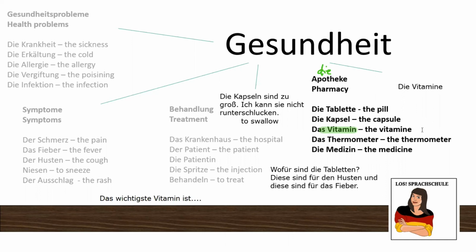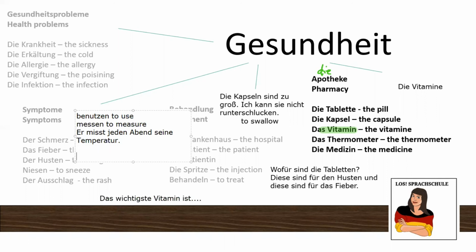I can give you a vocabulary here to use the thermometer. Benutzen, to use. Or to check your temperature with a thermometer, it is messen. Messen by itself means to measure. But of course, we can use it also for the temperature. Misst jeden Abend seine Temperatur. He measures his temperature every evening.